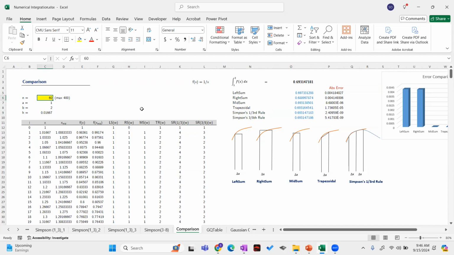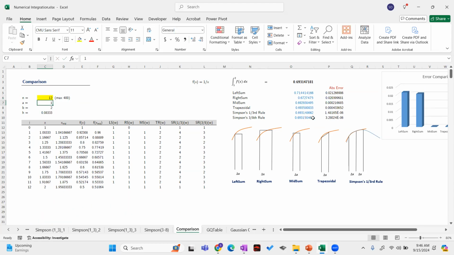Let's take 12 steps. Okay, we need 12 sample points. Actually, 13 sample points if you include 0. And Simpson's one-third rule is accurate up to 314, 1, 2, 3, 4, 5, 5 decimal points. Okay. And then it starts to differ.